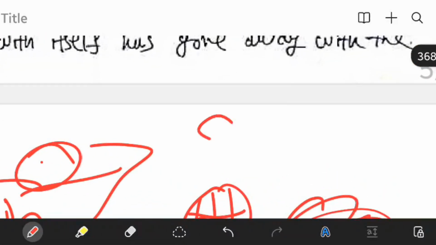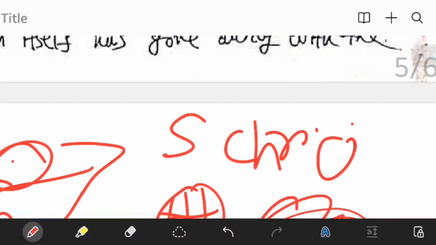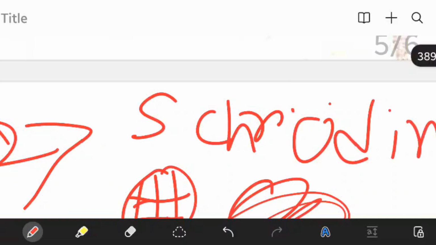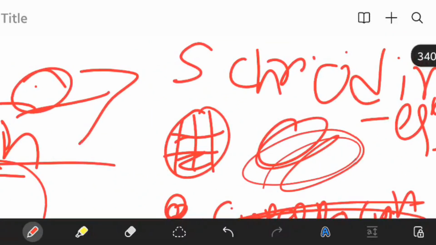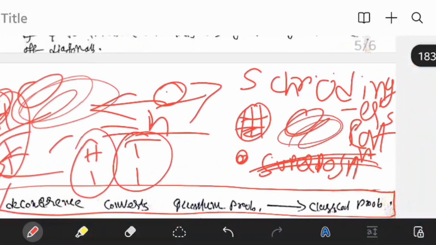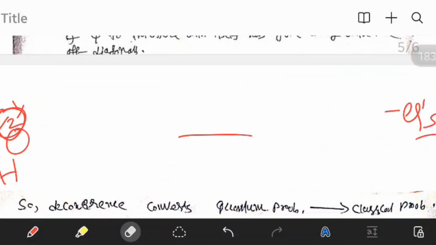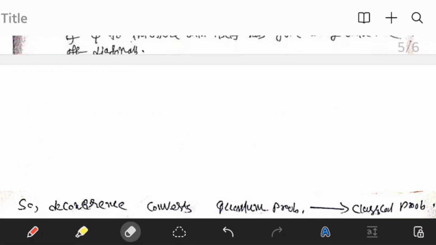And experiments like Schrodinger's cat, etc., are also false, because it is just a thought experiment, not a real thing. Why so? Because in case of Schrodinger's cat, you have a cat. Excuse my drawing, I can make better drawings, and check my Instagram for that.